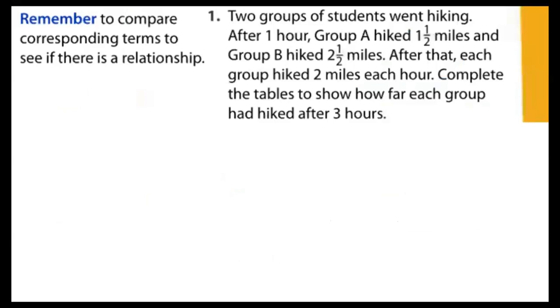After 1 hour, Group A hiked 1.5 miles, and Group B hiked 2.5 miles. After that, each group hiked 2 miles each hour. Complete the table to show how far each group had hiked after 3 hours.